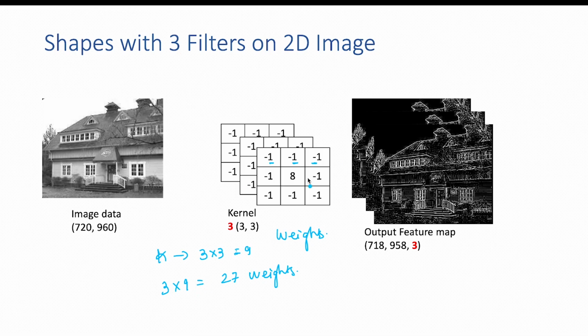I have already mentioned that each one of these kernels, like K1, K2 and K3, will have an associated bias term, like B1, B2 and B3. I'm just providing some arbitrary naming convention here. So there are 3 different biases, each corresponding to one of these kernels or filters.